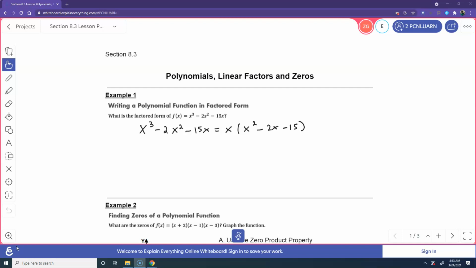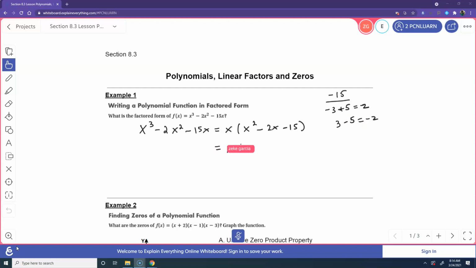You're going to find the factors of negative 15. Negative 3 times 5, but negative 3 plus 5 gives you 2. So it's going to have to be 3 times negative 5, or 3 minus 5 gives you negative 2.